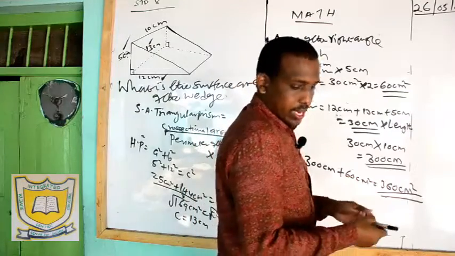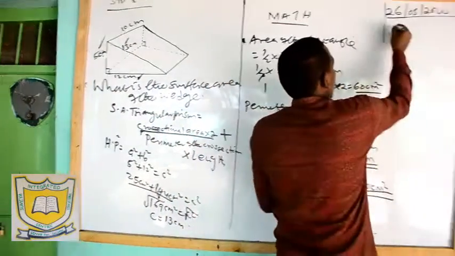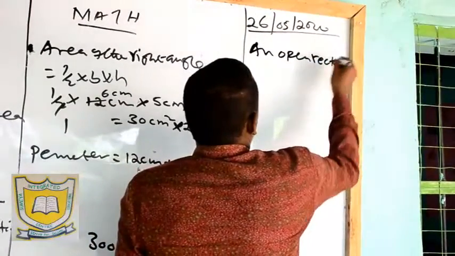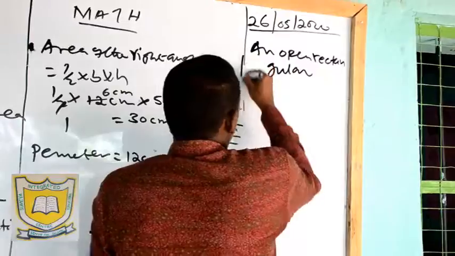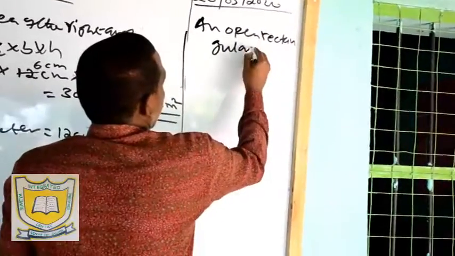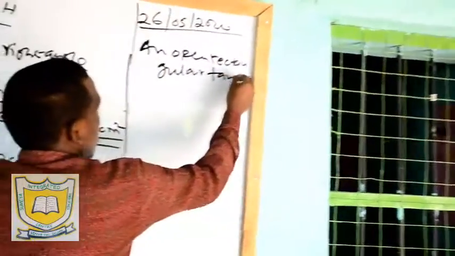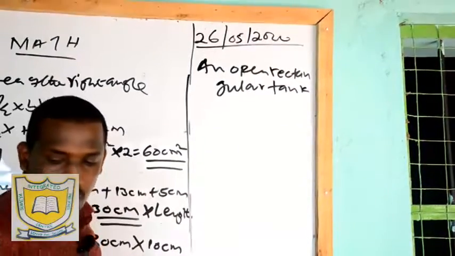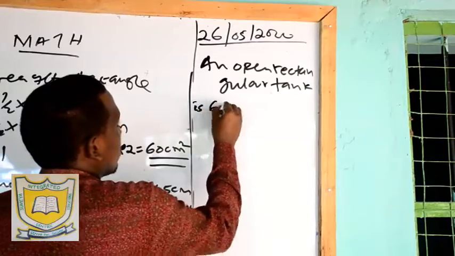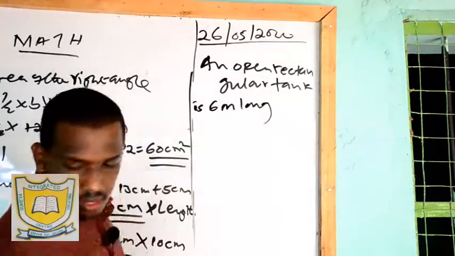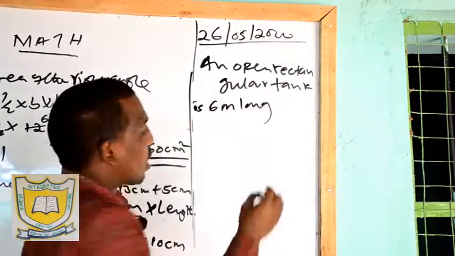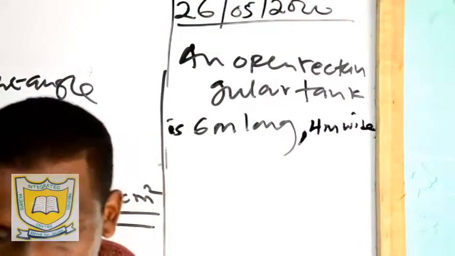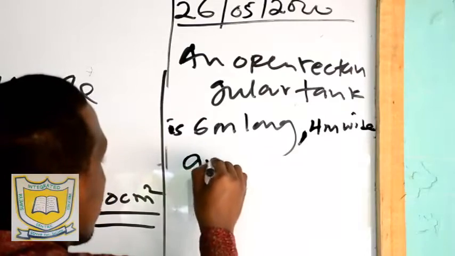You are told an open rectangular tank is 6 meter long, 4 meter wide, and 4 meter high.